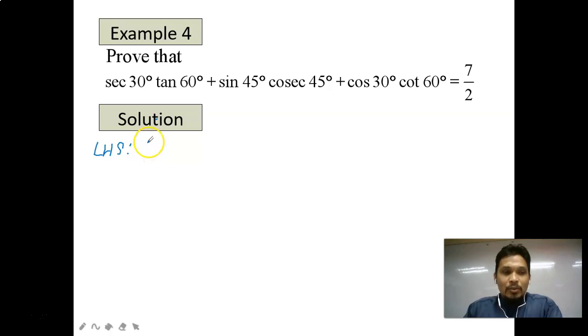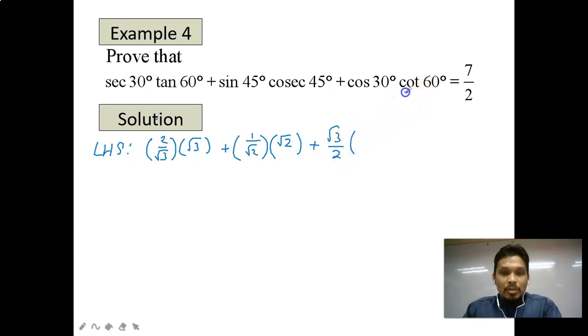So secant 30 equal to 2 divided by square root of 3, and tangent 60 equal to square root of 3, plus sine 45, 1 divided by square root of 2, and cosecant 45 equal to square root of 2, plus cos 30 degree equal to square root of 3 divided by 2, multiplied with cotangent 60 degree equal to 1 over square root of 3.